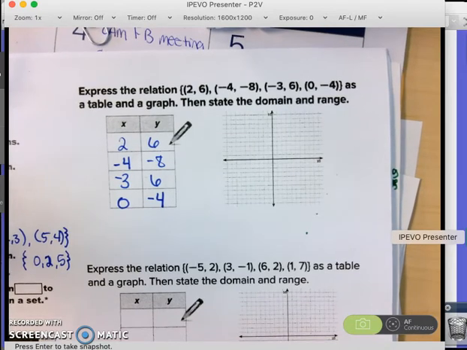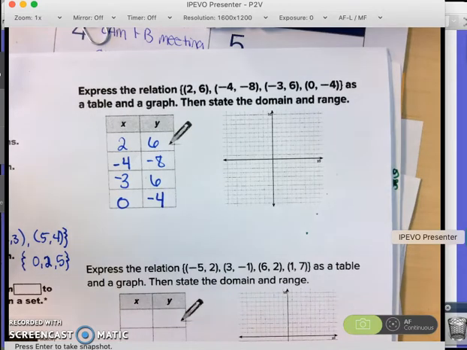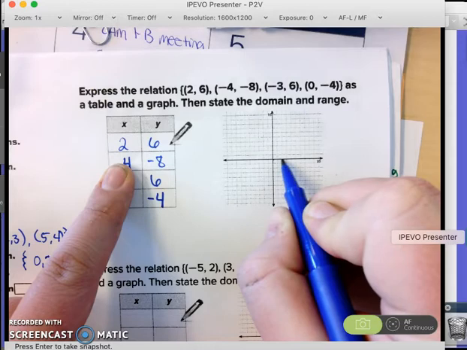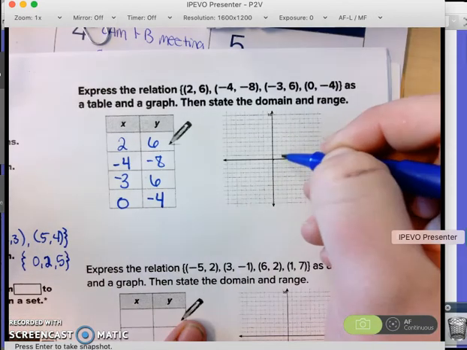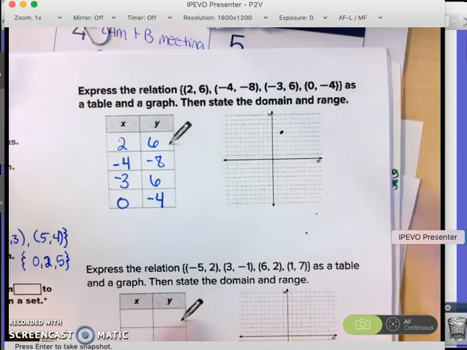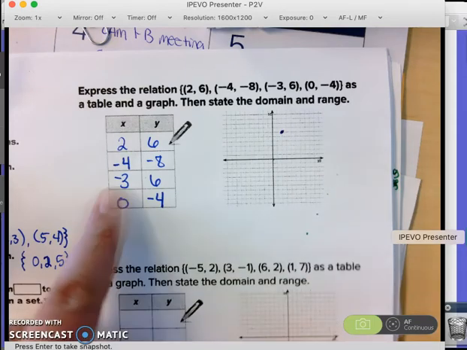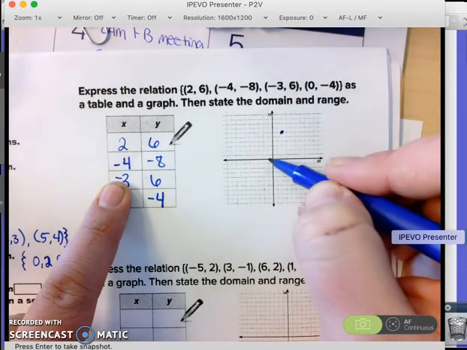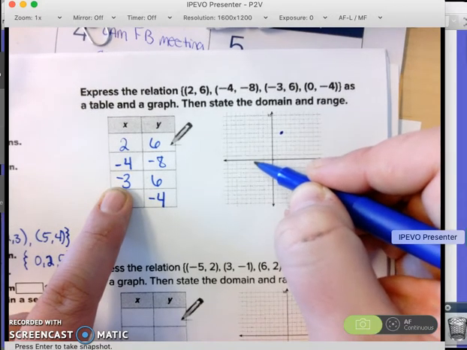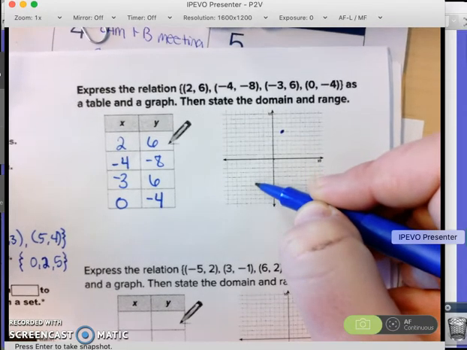And then after I do that, I want to graph them. So 2, I'm going to go over to 2, and then up to 6: 1, 2, 3, 4, 5, 6, and put a dot. I'm not going to connect them with a line right now. -4, -8, so over 1, 2, 3, 4, and down to 8: 1, 2, 3, 4, 5, 6, 7, 8.